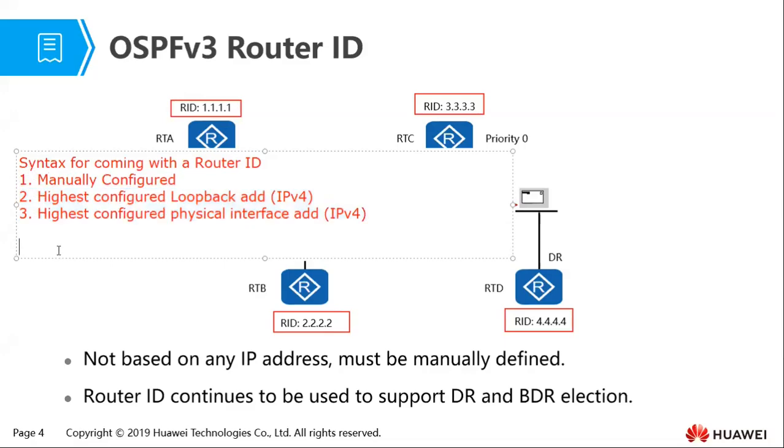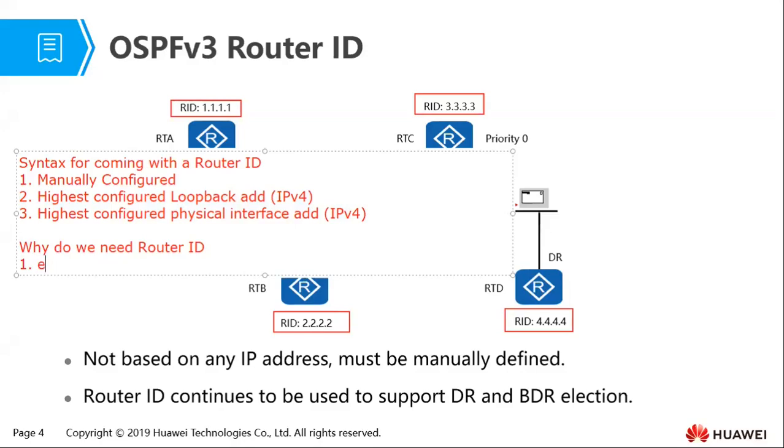By the way, why do we need router IDs? What are they used for? Someone? In OSPF, why do we need router IDs? Yes, Dixon? They are useful when we are electing a DR and BDR.